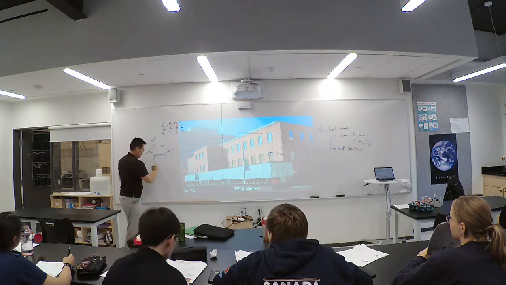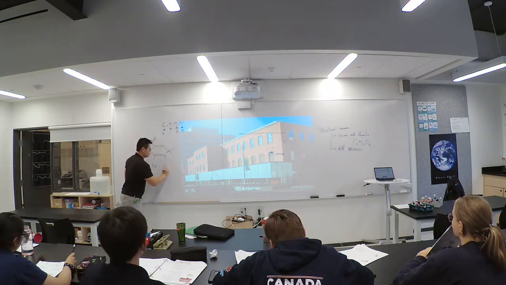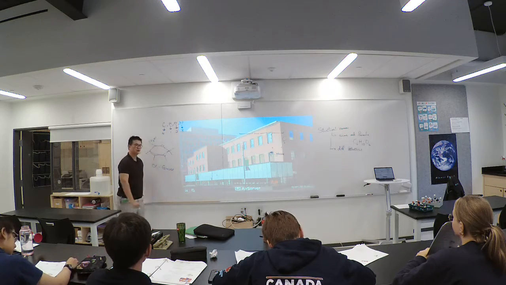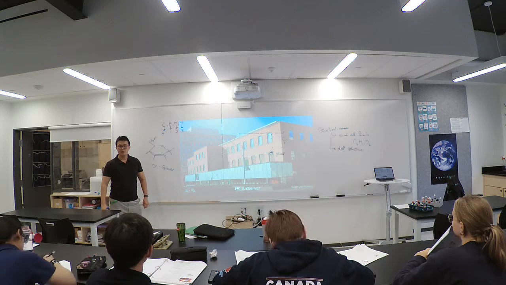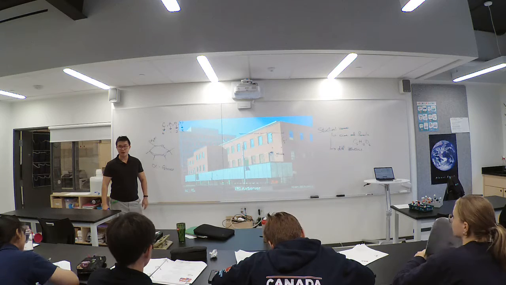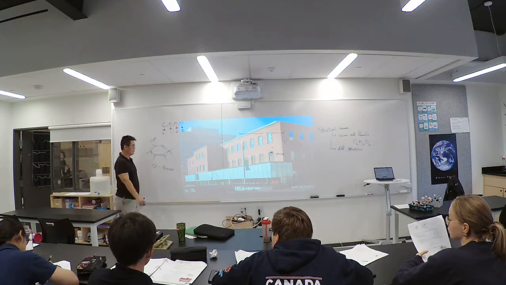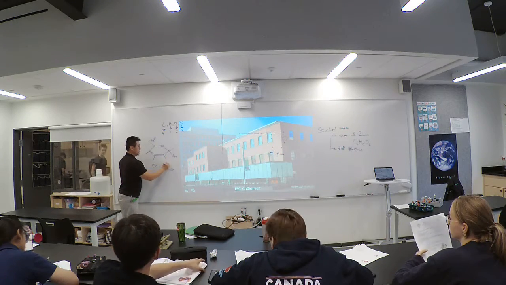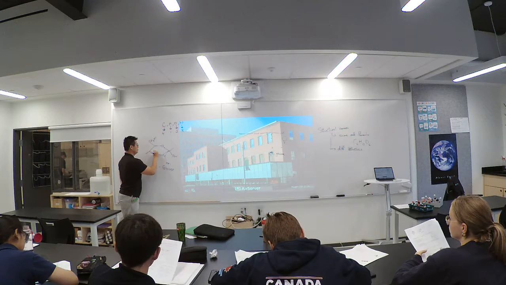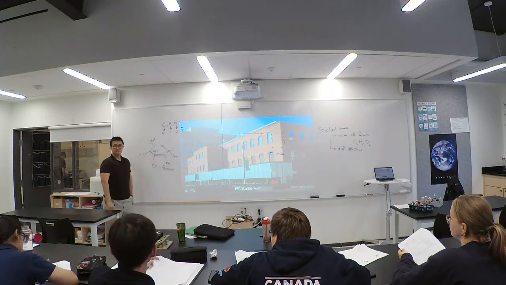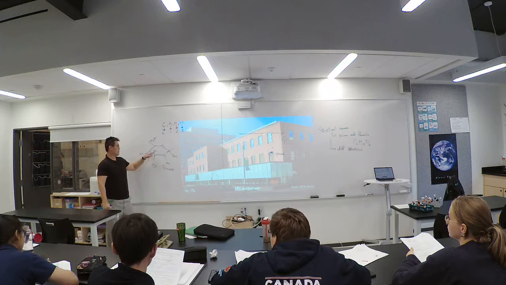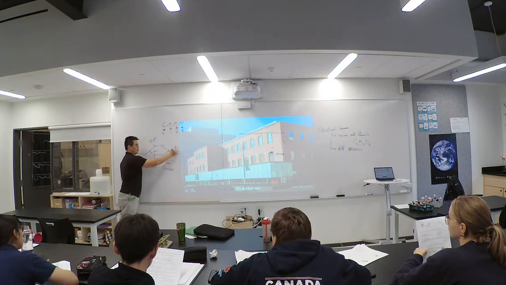Okay, for the alpha glucose, you do kind of need to remember the orientation of the OH. It's relatively easy. Down, down, up, down, and then the rest are just hydrogen.